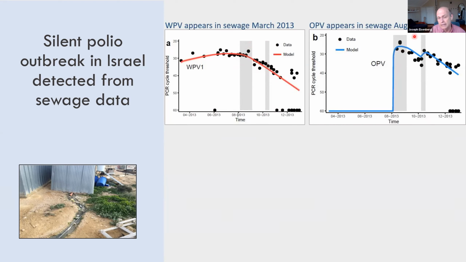And interestingly, and not surprisingly, we see this rise of the oral polio vaccine variety of the virus, rising at the beginning of the OPV campaign, and then a little bit of a rise after the second campaign, and then a drop.